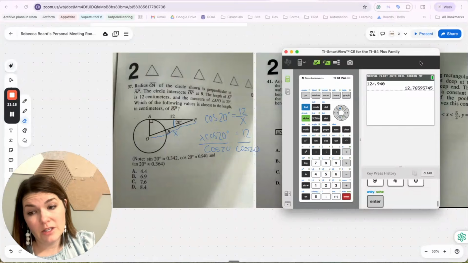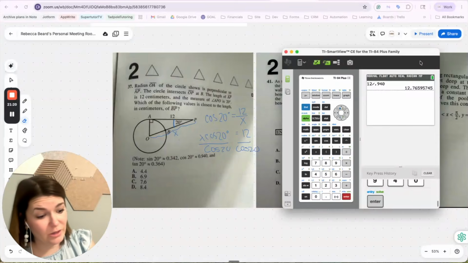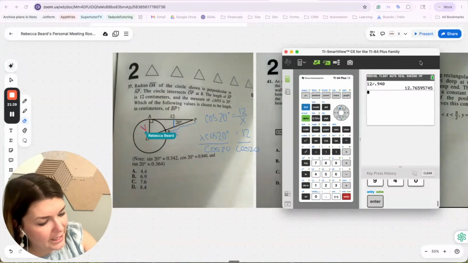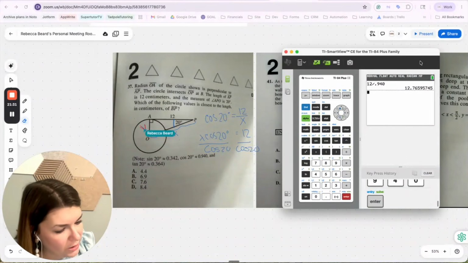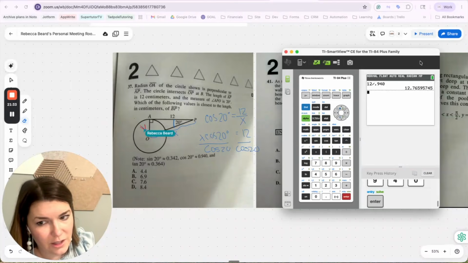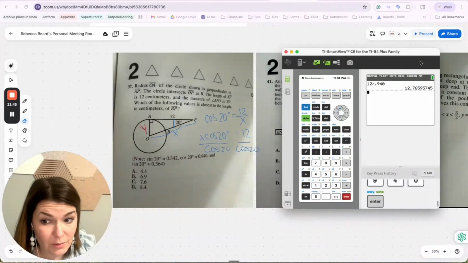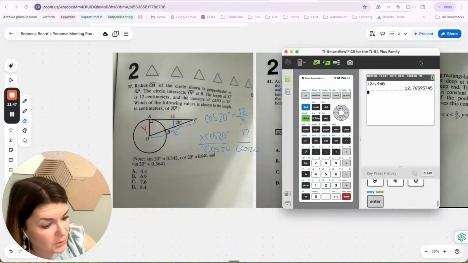But the more accurate way is if we find AO. Let's change some colors. We'll call that Y there. To find AO, we do something similar. We have multiple points here, but if we focus on that 20 degrees, Y would technically be the opposite, and then we have the adjacent. So let's talk about tangent.